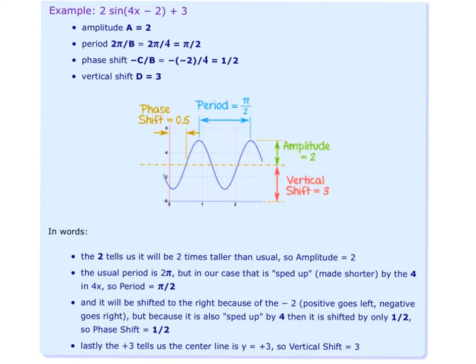So it's going to complete one cycle in pi over 2. And then the phase shift, that horizontal shift: I'm going to take negative C divided by B, and I get 1/2. So that is going to shift horizontally. And then my vertical shift is 3, so that is going to shift it up 3.